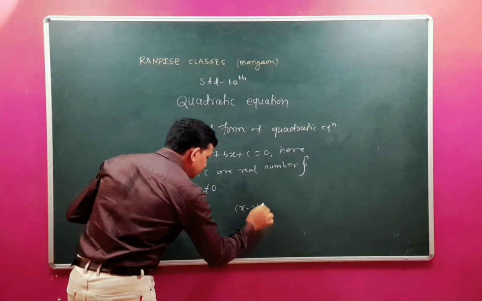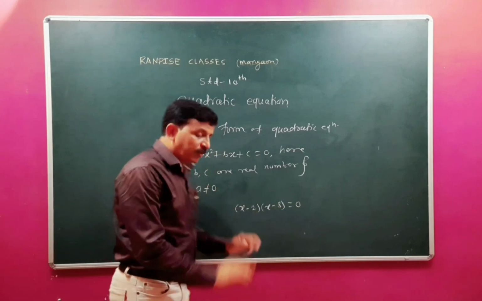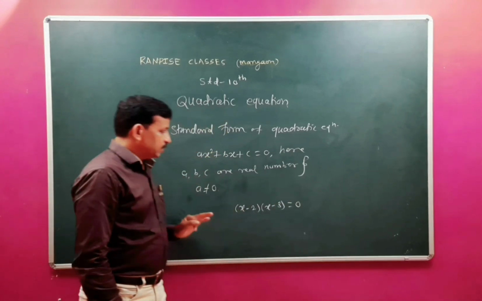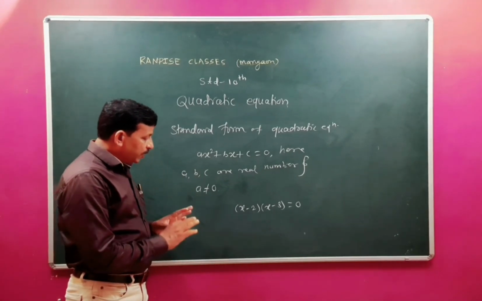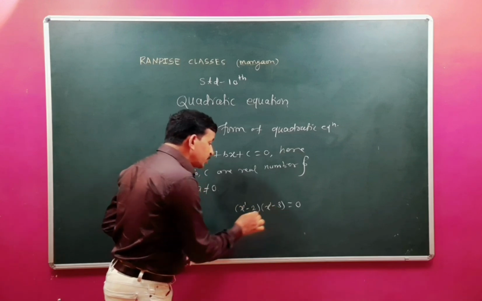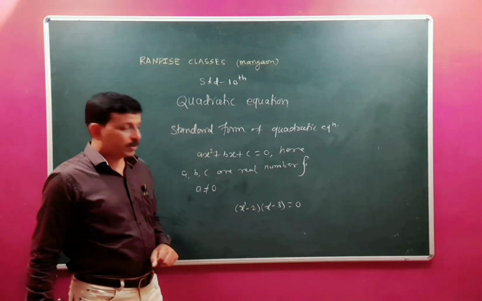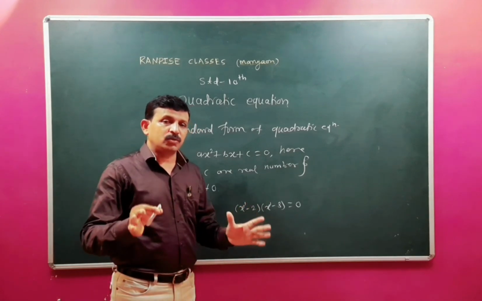Just like (x − 2)(x − 3) = 0. Prima facie, this is not a quadratic equation because here the variable has power 1, but after simplification, we can multiply the 2 brackets.